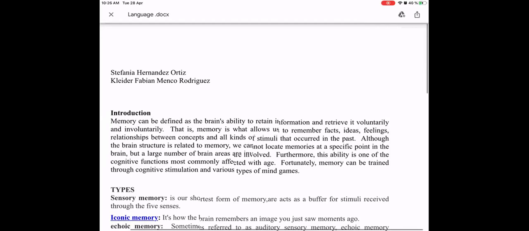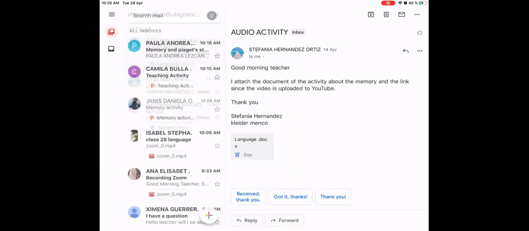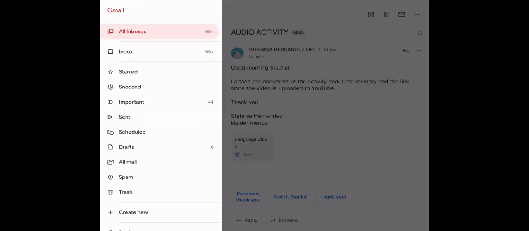Okay, this activity can help us or our students to train our memory and it can help us to improve our English. This activity is useful for learning. For example, our topic was parts of speech, to recognize what is a verb, what is an adverb, what is an adjective.